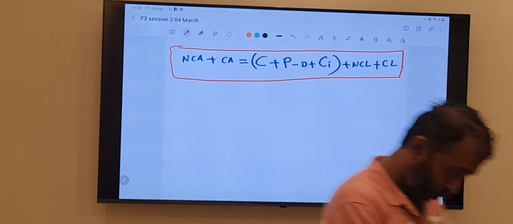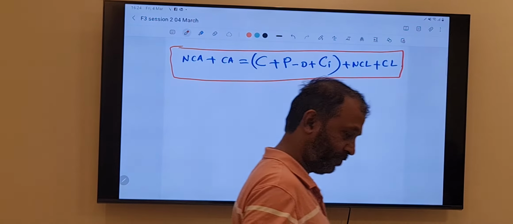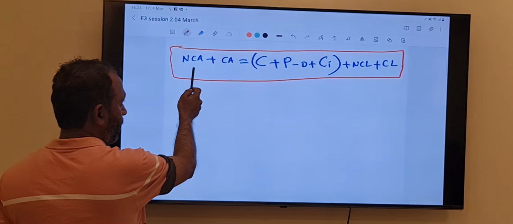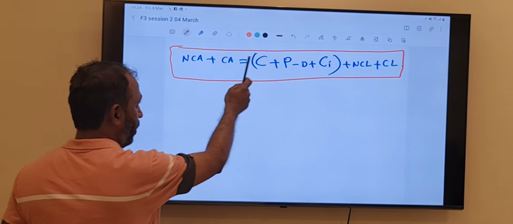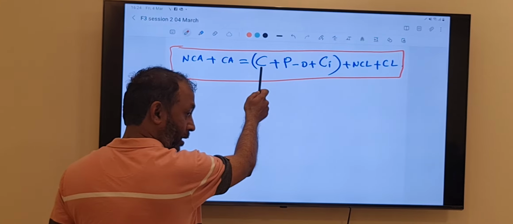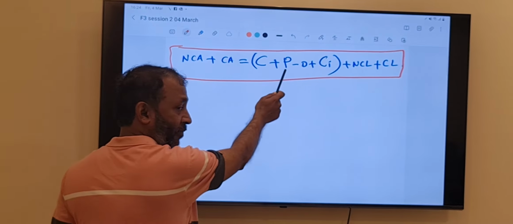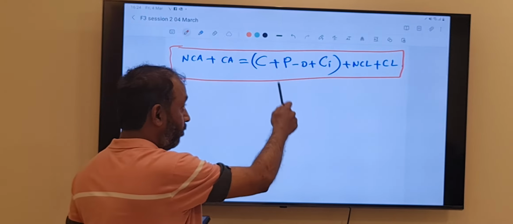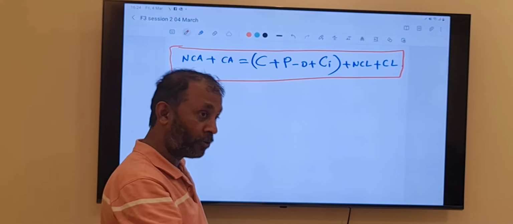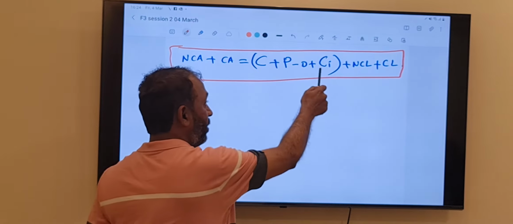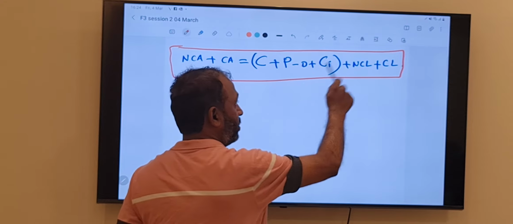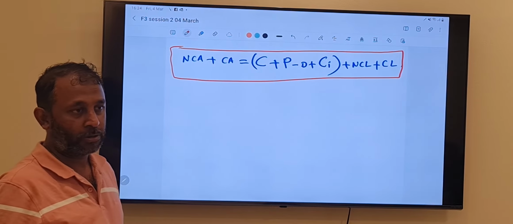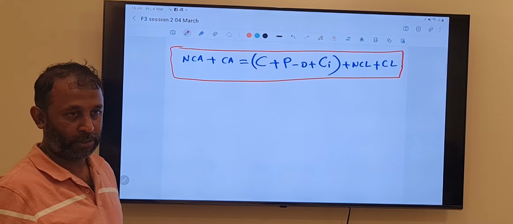So here non-current assets plus current assets is equal to the original capital he introduced at the start of the business plus any profits he made minus any drawings during the business, plus, in case the owner wants to bring additional capital, the capital introduced, plus non-current liabilities and current liabilities. CL is current liabilities, not chlorine, okay?